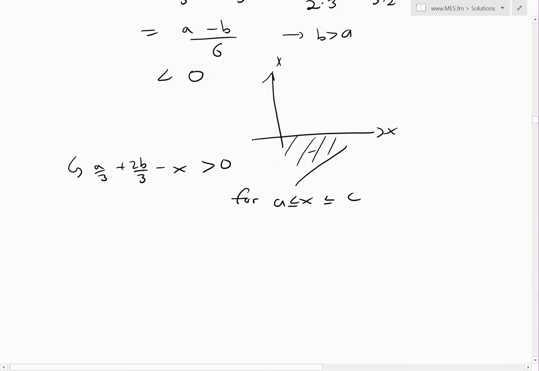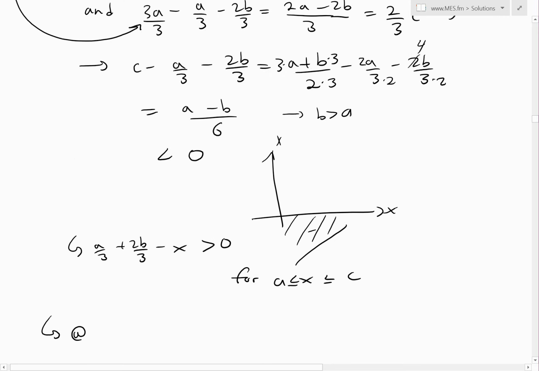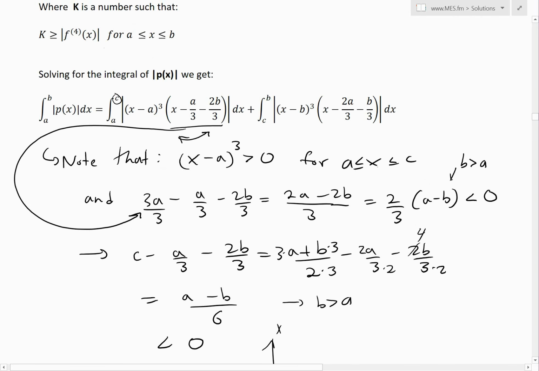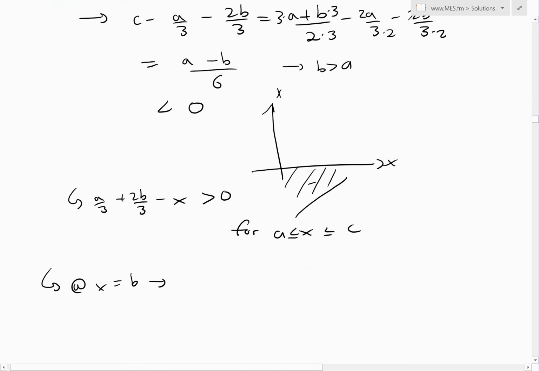Then if we look at b, at x equals b, we have the same situation. Actually, before we get to that, let's deal with the second part now.